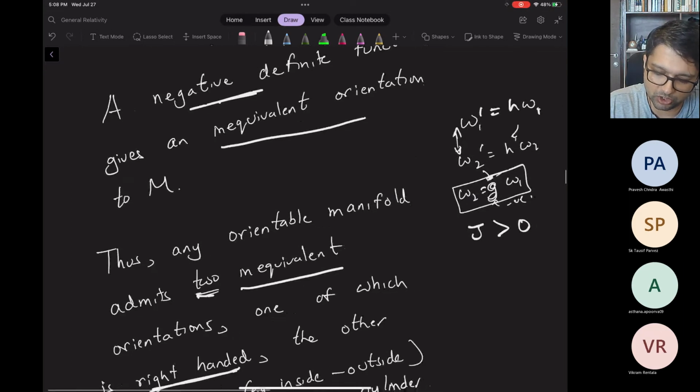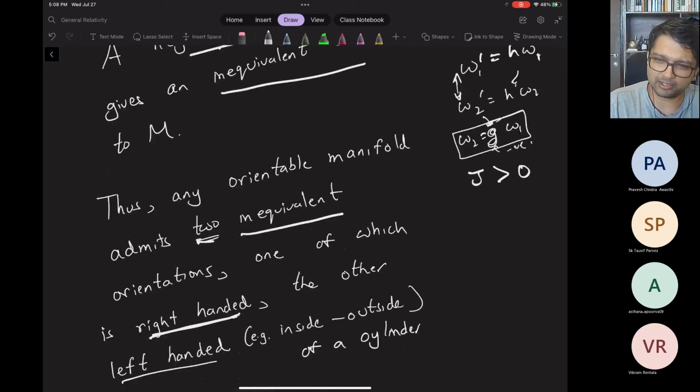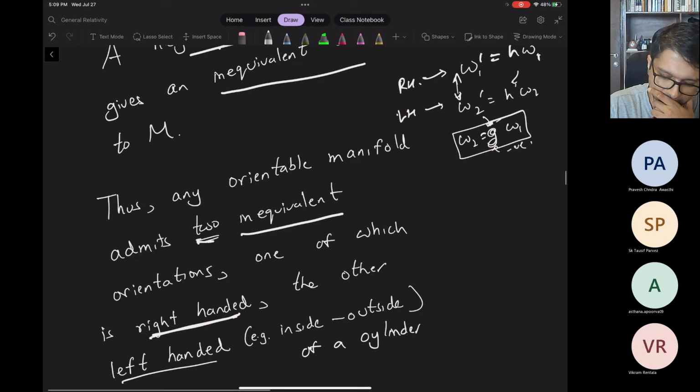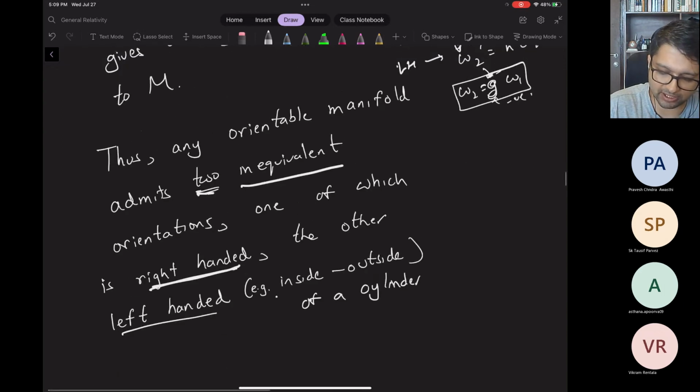Of course, what you call right-handed and left-handed is arbitrary. That's a matter of convention. But once you fix one thing and call it right-handed, the other class automatically becomes left-handed. So this is just like talking about the inside or outside of a cylinder. Inside or outside is a matter of convention.